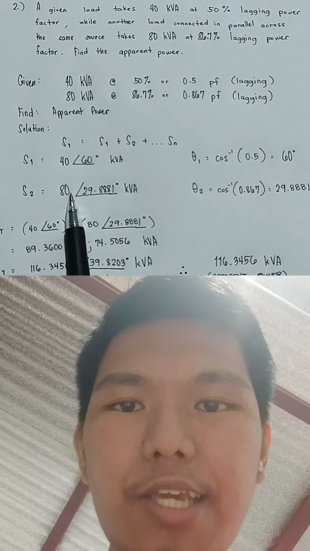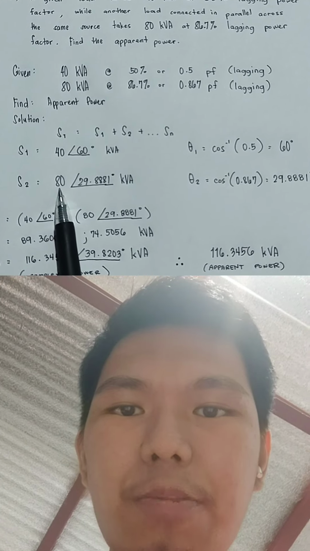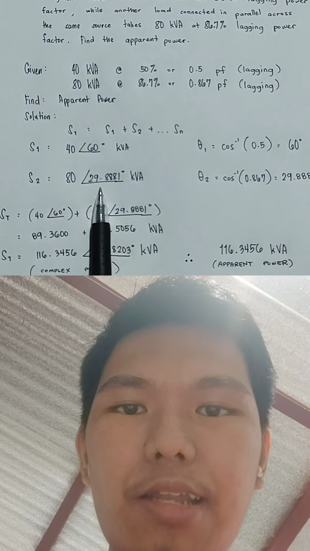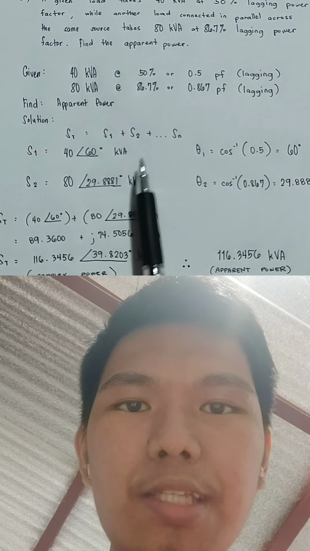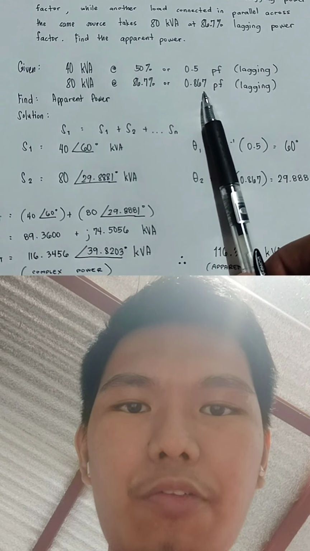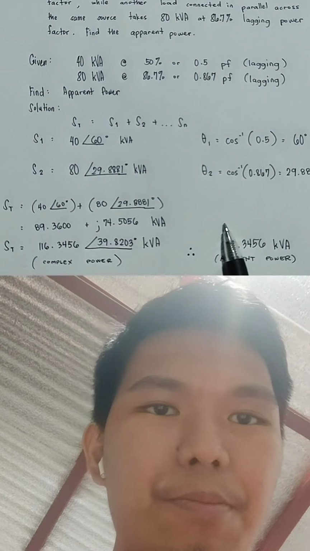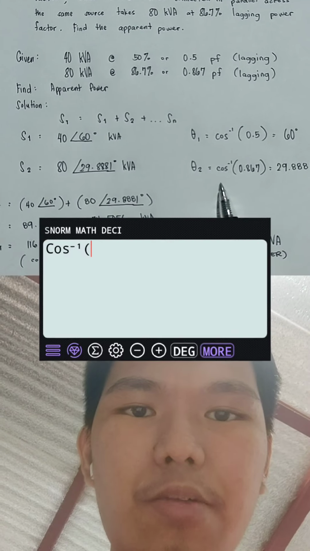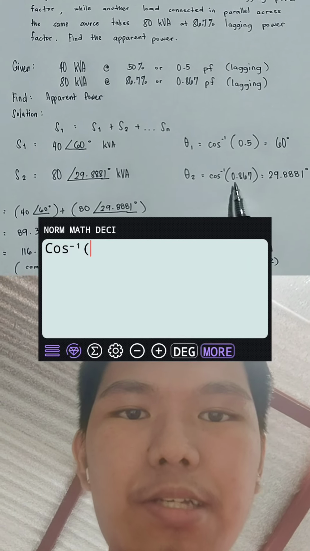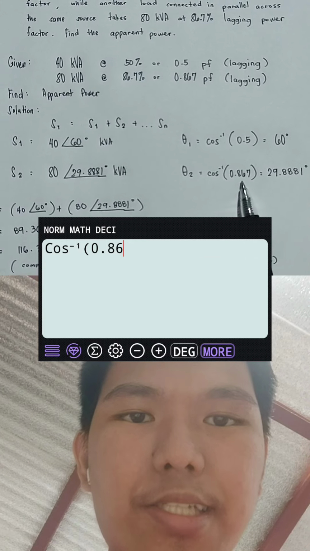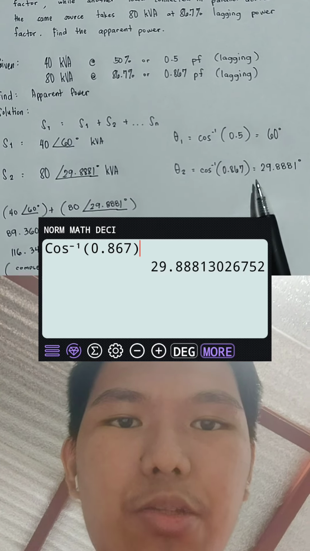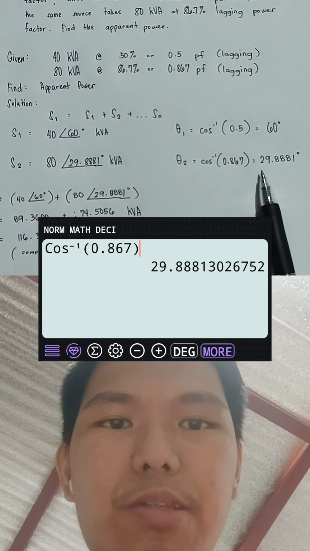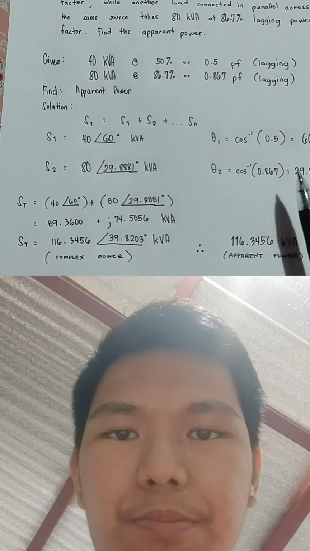Next, for our S2, 80 kVA is our magnitude, and to get the angle, we will use the 0.867 power factor and the formula theta equals cos raised to negative 1 of 0.867. It is now equal to 29.8881 degrees.